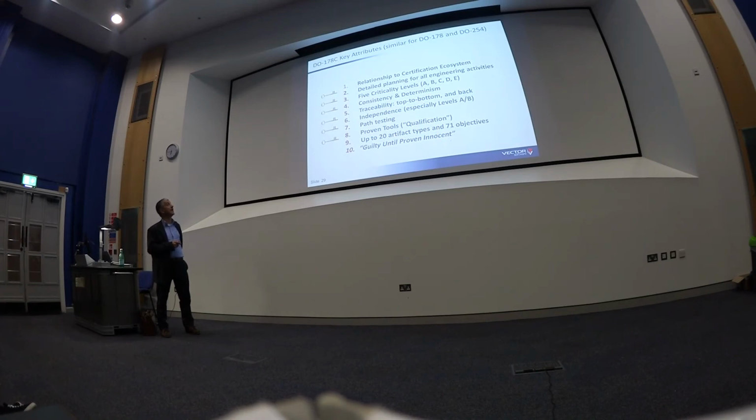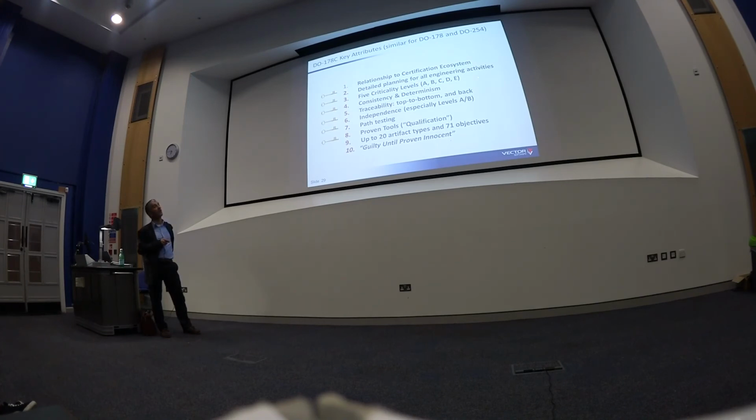So the key attributes, just to remember what are the key attributes of the DO-178, are the relationship with the other standard. It's very important not to think of the software alone. You should think of the software in the system, in the ecosystem where it will belong.